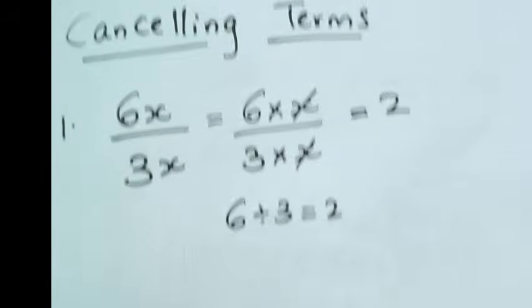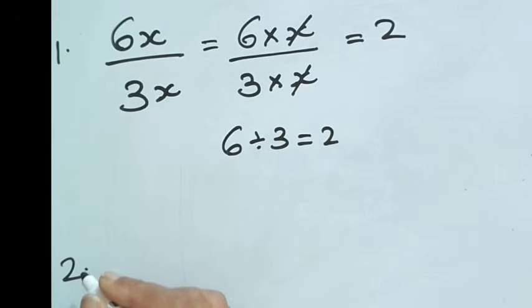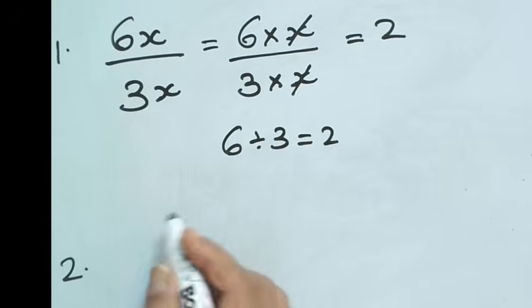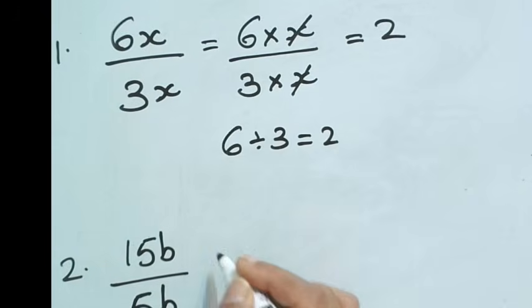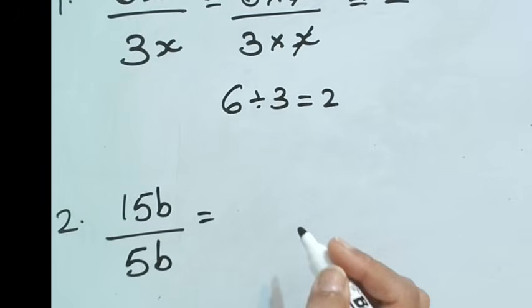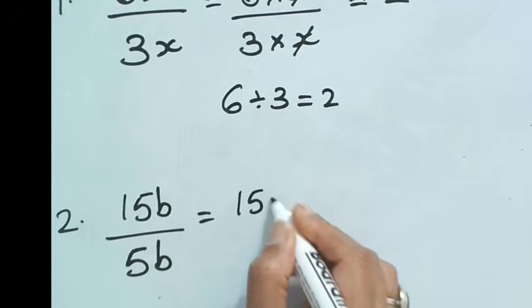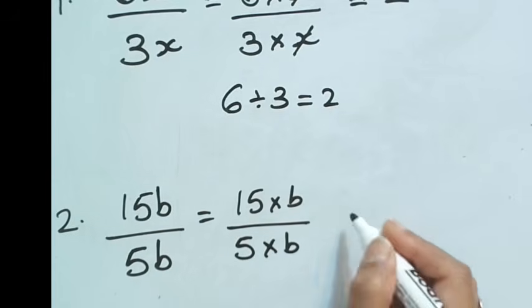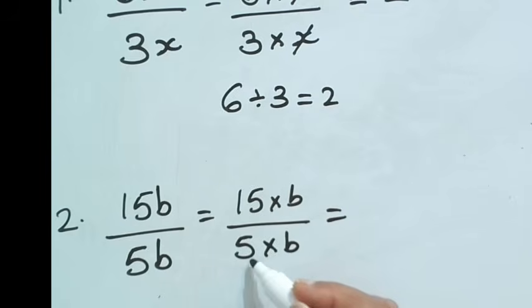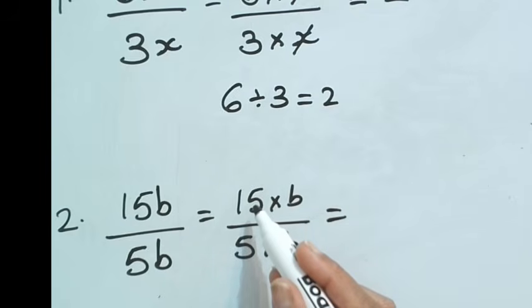Let's see the next one. One more. Now we will go with this one, 15b divided by 5b. So the same rule. You are going to do 15 times b over 5 times b, and now you can ask yourself how many 5 can make 15. So you're dividing.